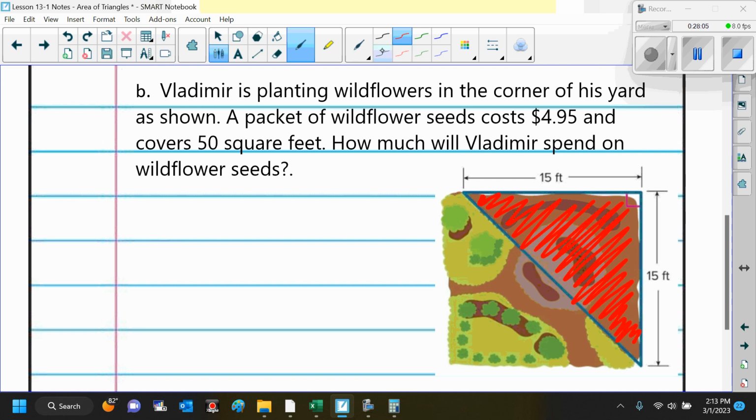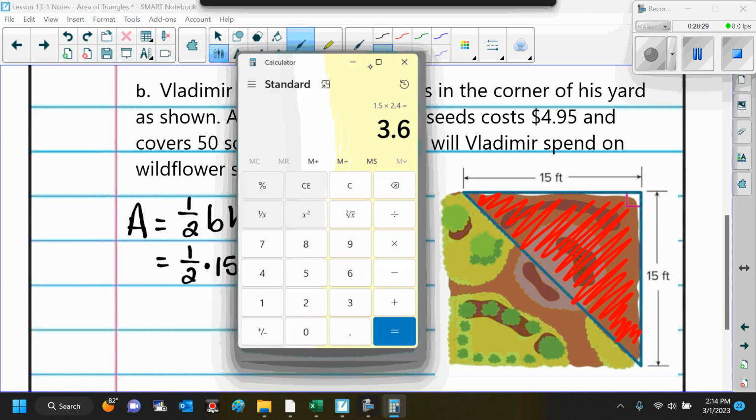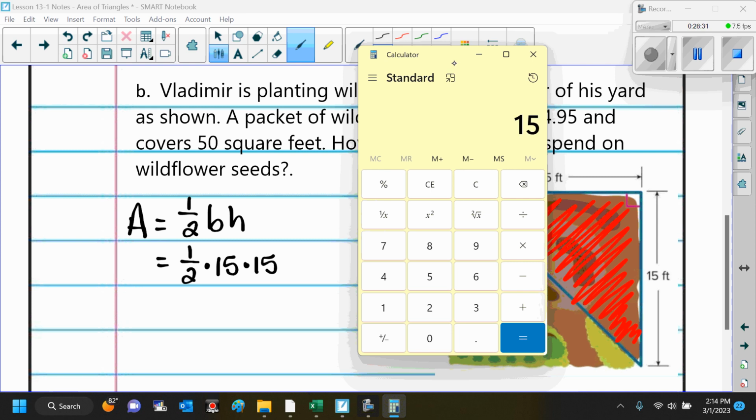Again, area is equal to 1/2 base times height. The base and the height are the same, 15, so it doesn't matter. So we've got 1/2, the base is 15, and the height is 15. Let's do 15 times 15.